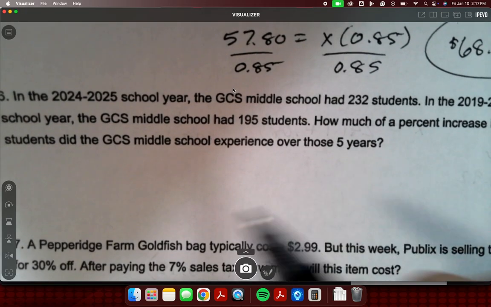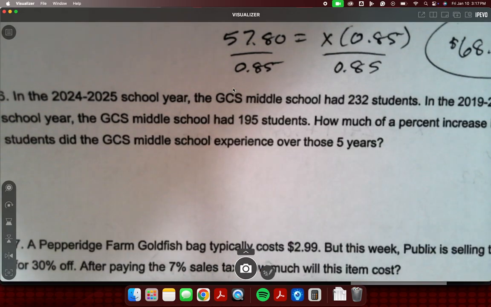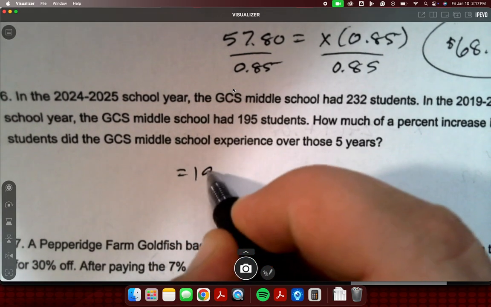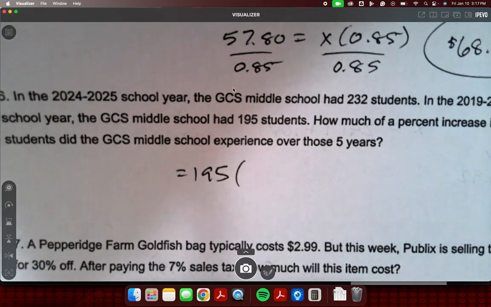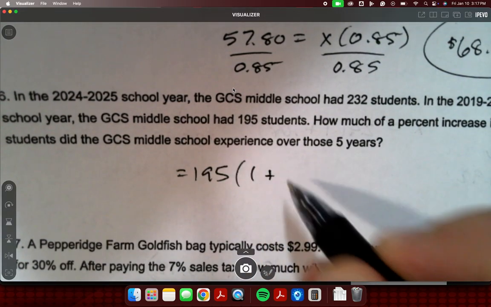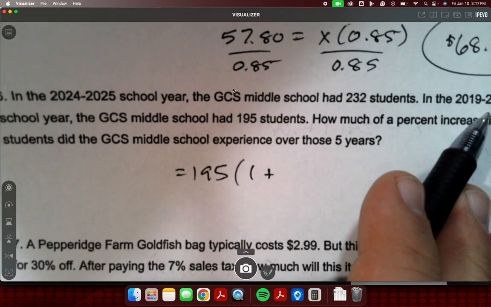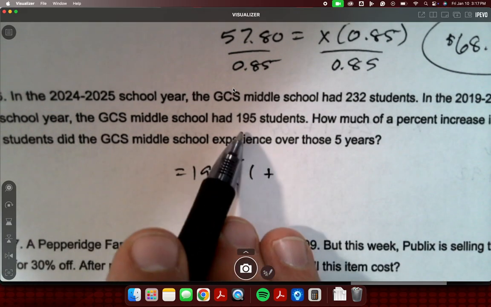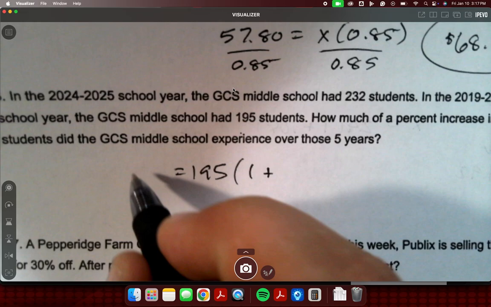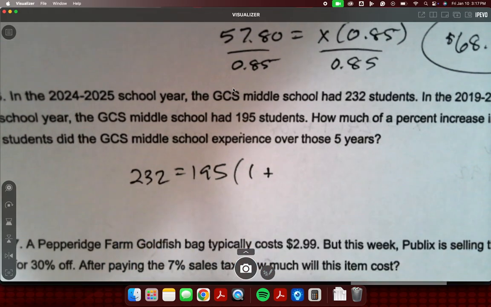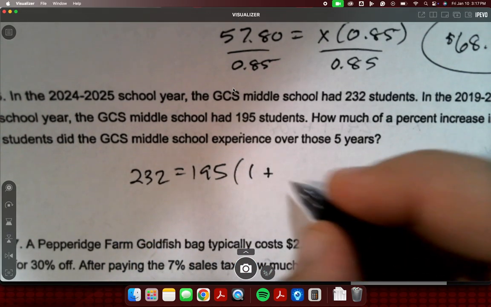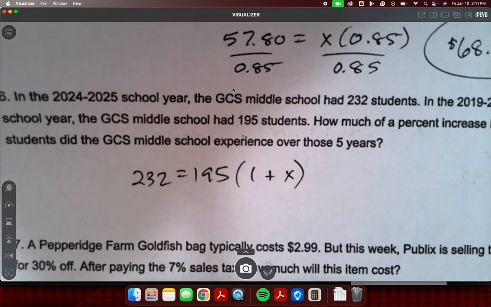The old price means the older data. So 195 is what goes there. And it's a percent increase, so we know it's going up because 5 years ago it was 195, and now it's 232. So the new student amount is 232. What we don't know is what percent it went up. So we put it there.